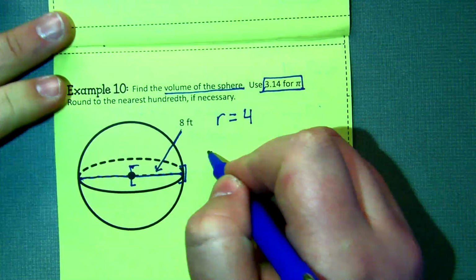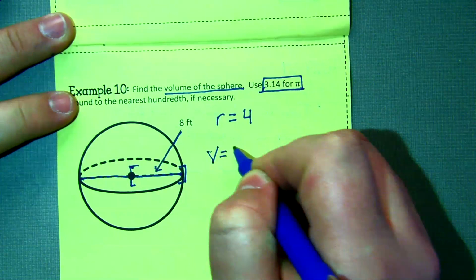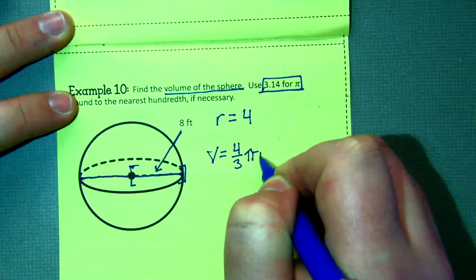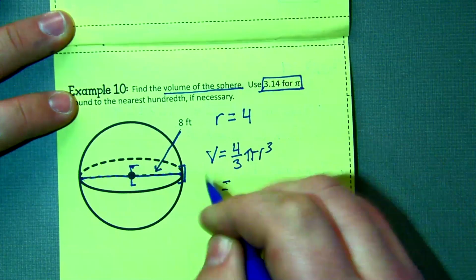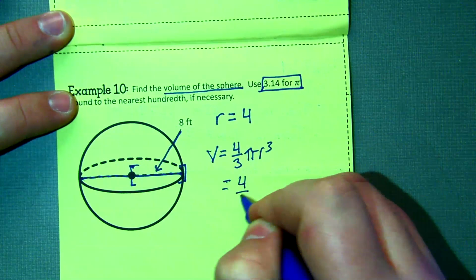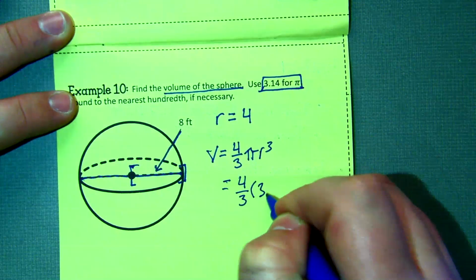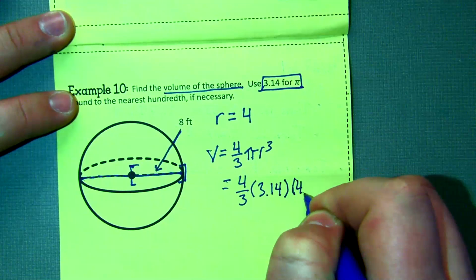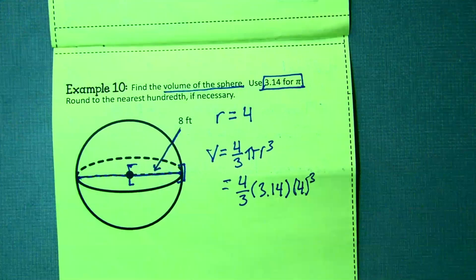So we can plug into our formula. V equals 4/3 pi r cubed equal to 4/3 times 3.14 times 4 cubed. Plug that into your calculator.